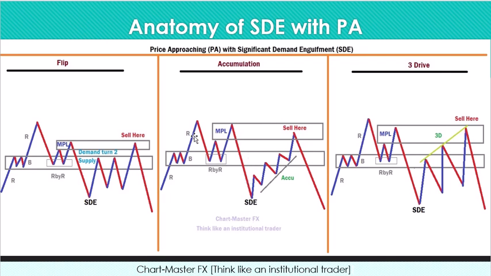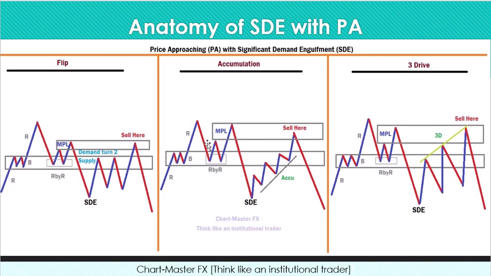Once you have an SDE now, you wait for the price to come back to the MPL area. Once the price comes back to the MPL area, then you can place your trade. So this is kind of an MPL area or a QM level.